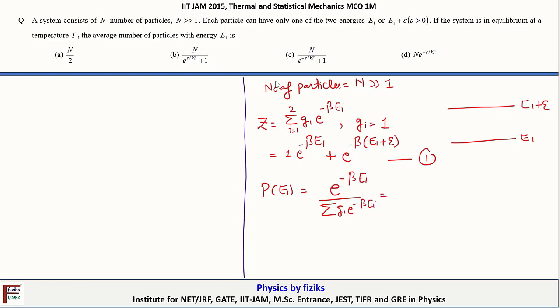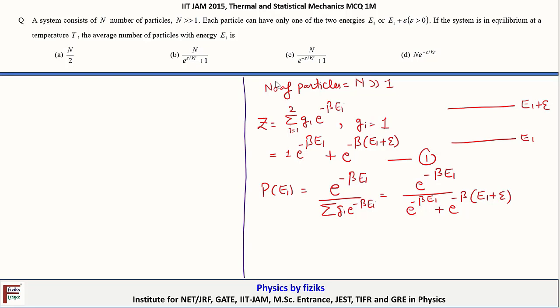And that is in principle equal to e power minus beta E1 upon e power minus beta E1 plus e power minus beta (E1 plus E).